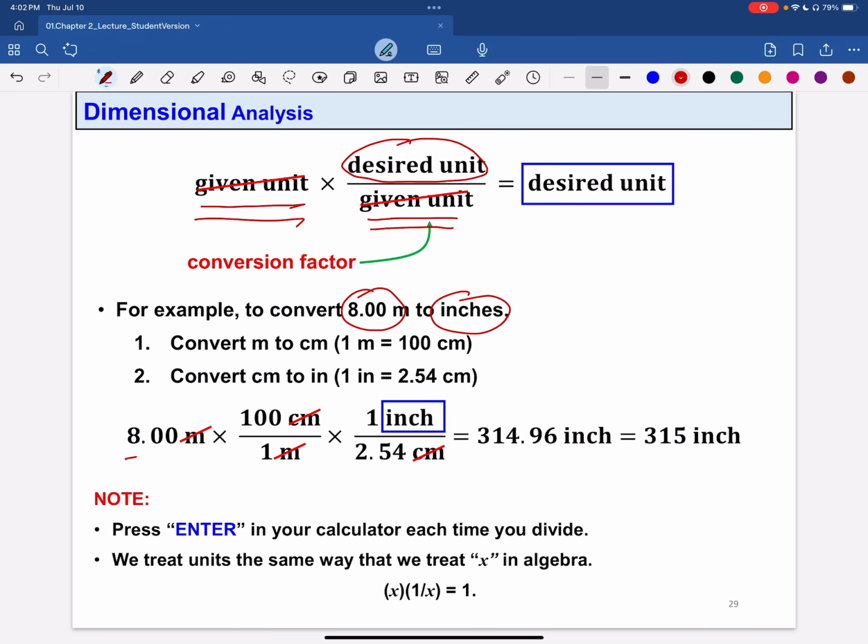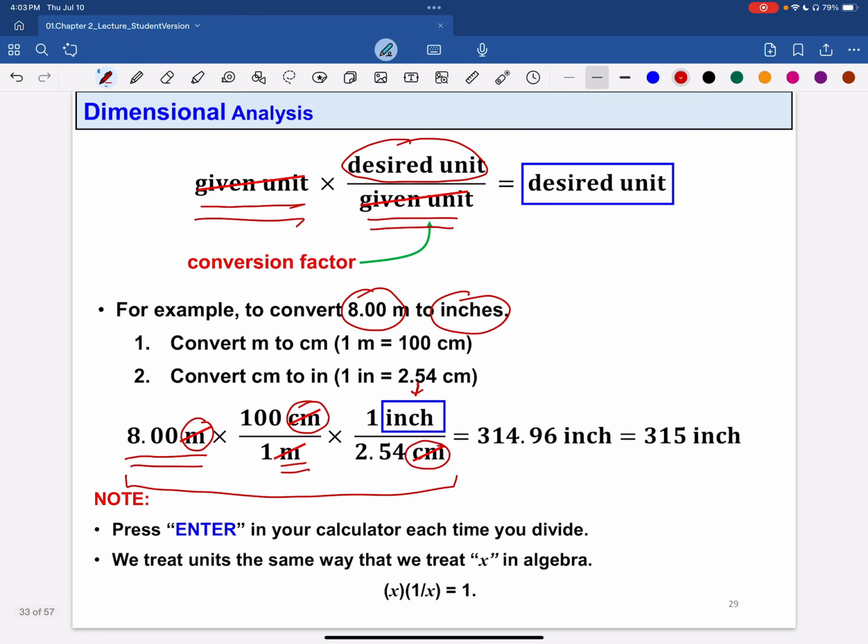Here, I start with 8 meters, so I want to cancel meters. I put meters in the denominator, 100 centimeters on top. Then the next one, I want to cancel centimeters. Now I cancel centimeters, and I am left with inches.